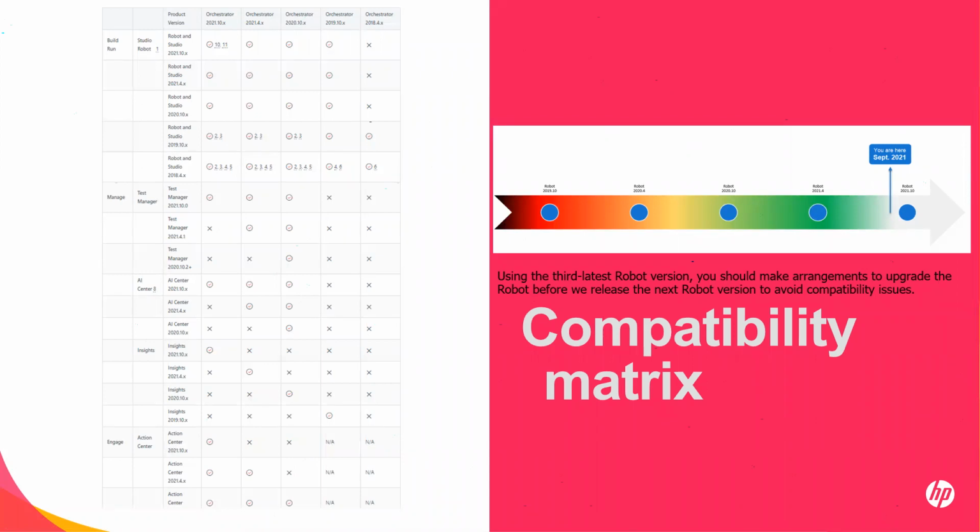Now, earlier there was a challenge when it comes to upgrading. We used to do it manually, but if you start exploring 21.10, this is now a little bit simpler. So if you're in cloud and you are using this 21.10, you can define policies saying its robot needs to be upgraded to this version next time when a new version releases. So the upgrade happens automatically.